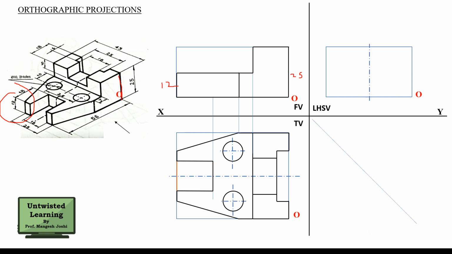Now we'll start with drawing visible portion of side view. Now we have taken this angle as 45°, right? Now we'll transfer all these points on the side view, so that you need not measure it once again.